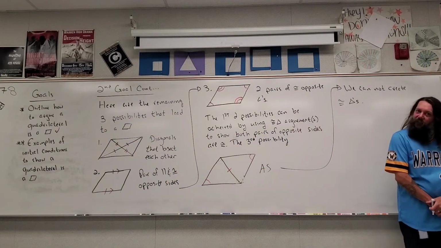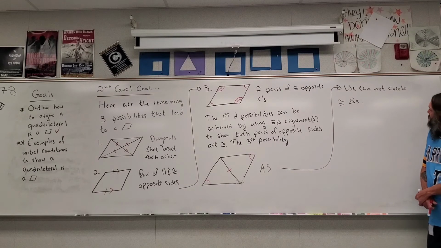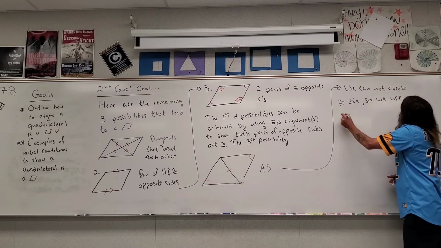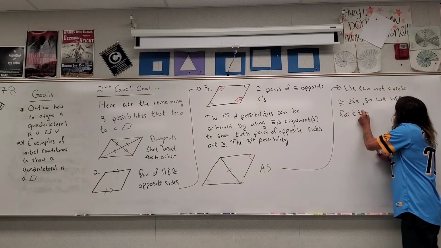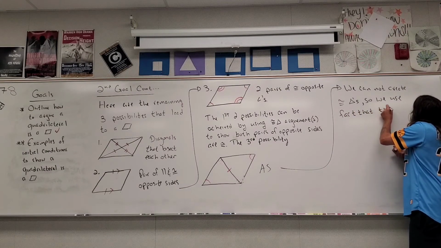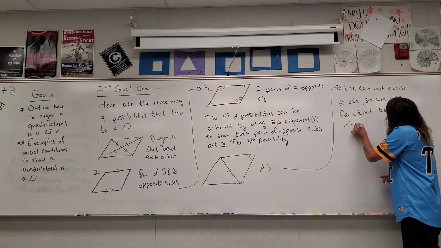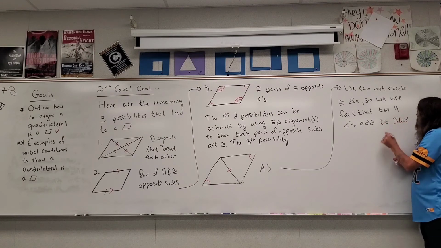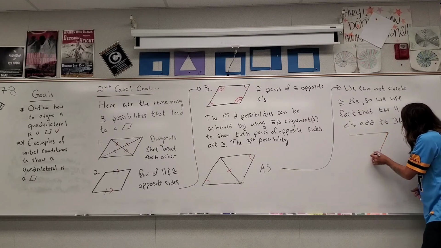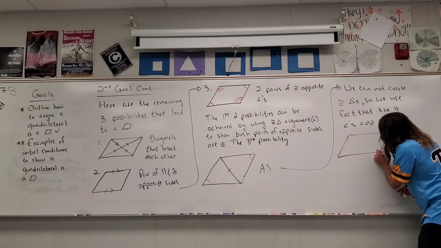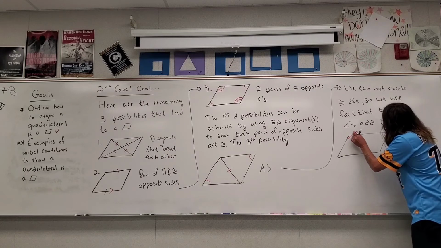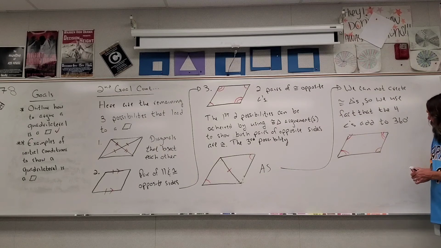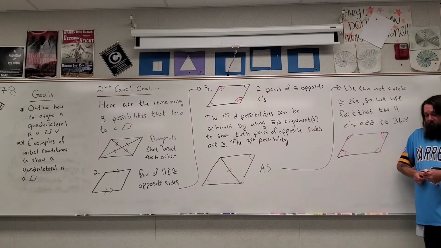So we have to use the fact that the four angles add to 360 degrees. Remember, we have two pairs of congruent opposite angles, and I don't know what the angle measures are.